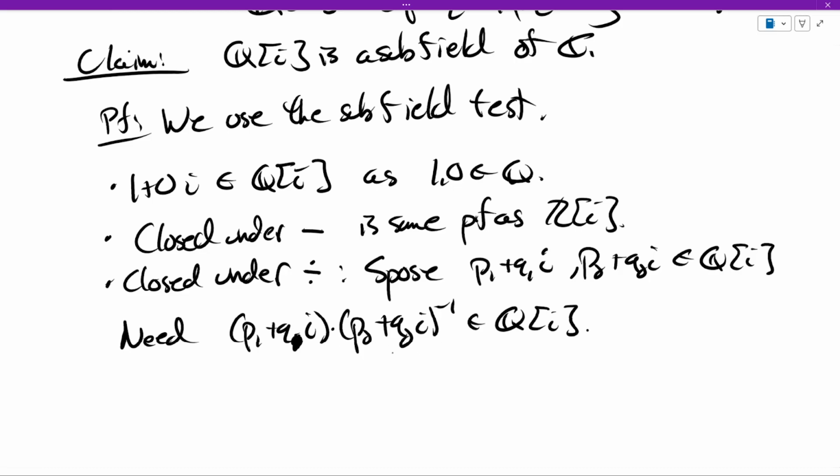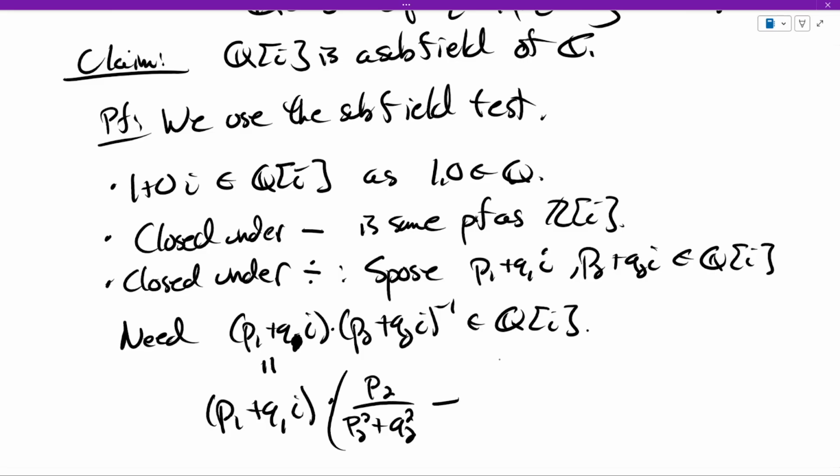Now, we had a formula for the multiplicative inverse of a complex number. That formula was: take the complex number to its conjugate, and then divide by the modulus squared, the sum of the squares of the real and imaginary parts.